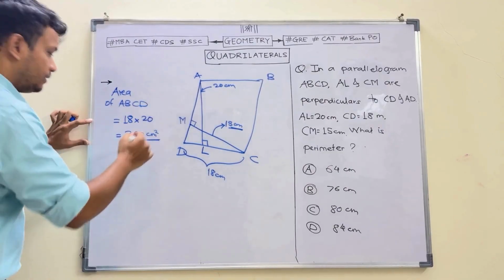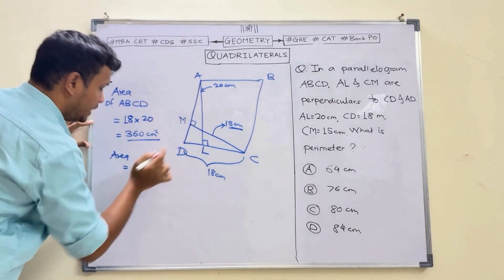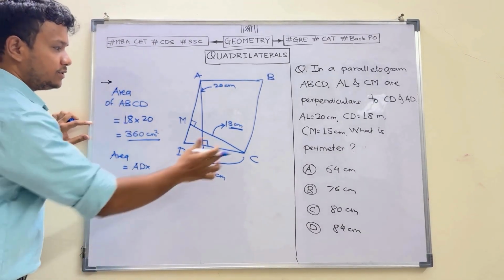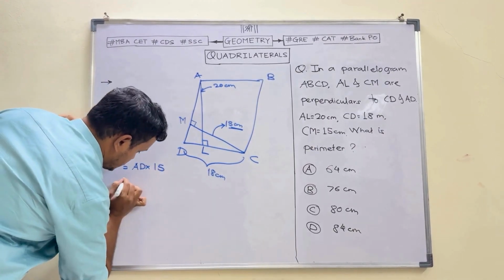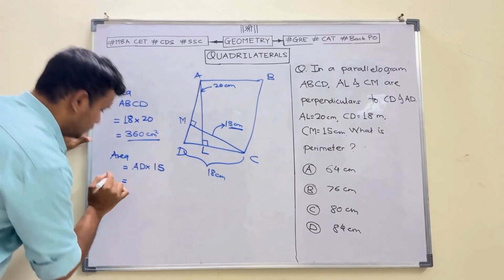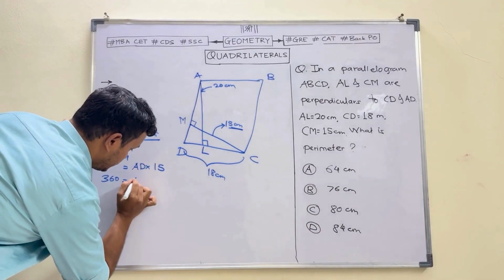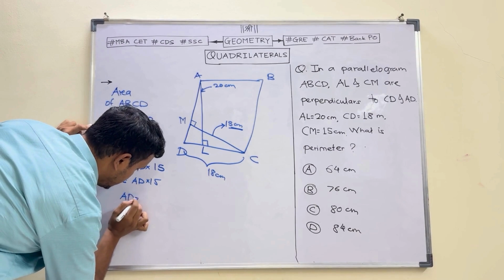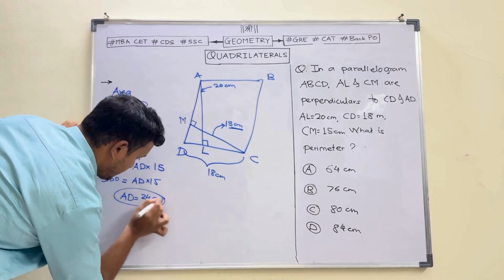So area will be AD, which I am considering base in this case, into CM. CM length is 15 centimeters. So I'll put the value here. 360 should be equal to AD into 15. So what will be my AD value? AD value will be 24 centimeters.